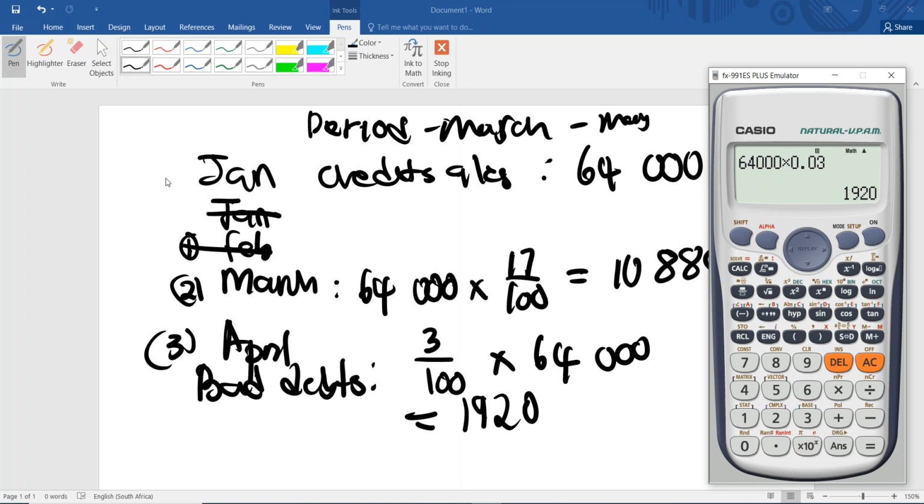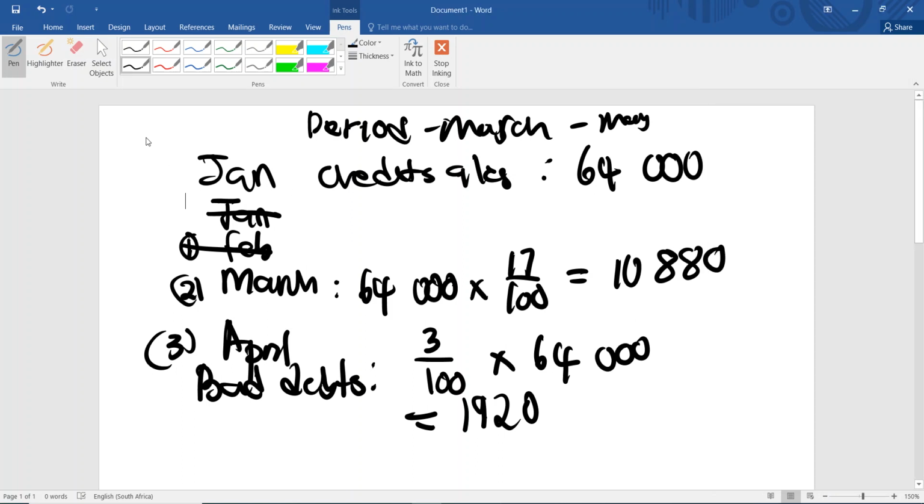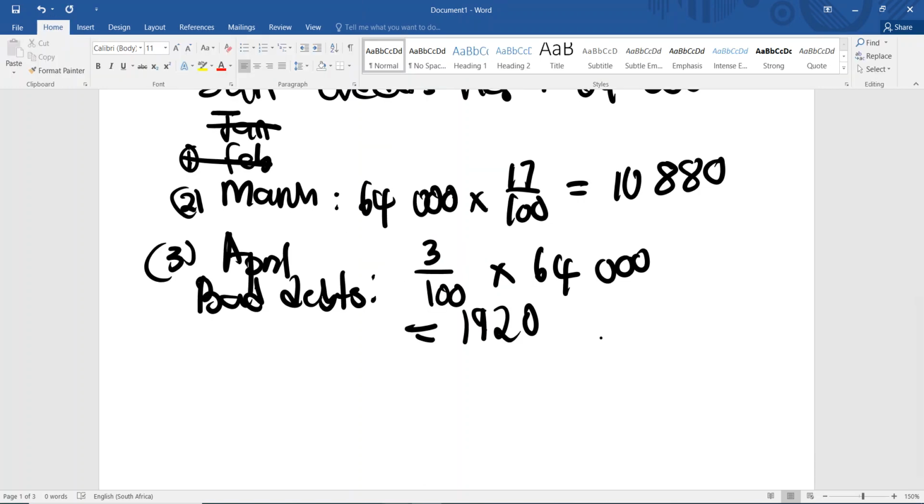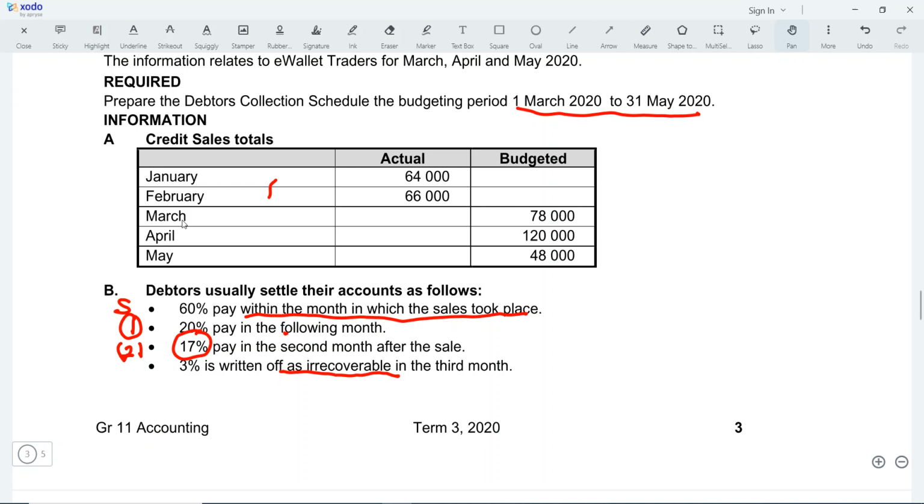Okay, then we are done with January sales, and then from there we go to, maybe let me just open an extra page. From now we're going to go and check the sales that took place in February.